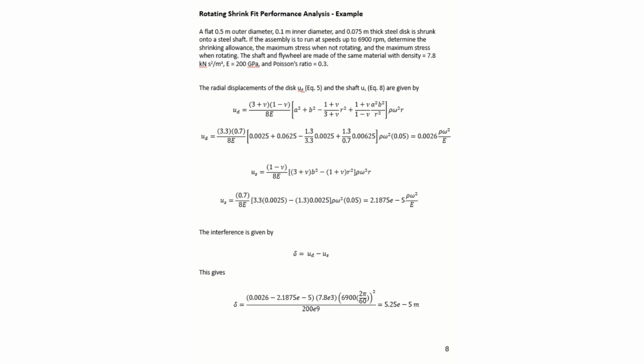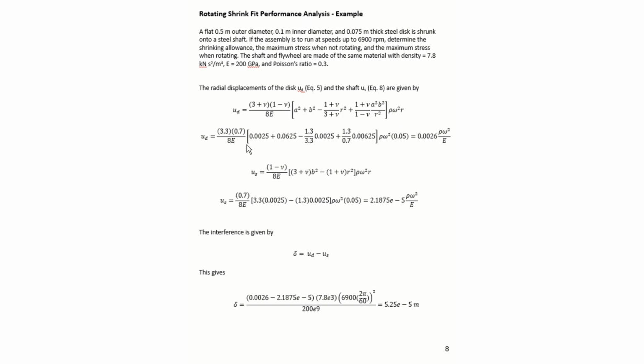So the way we want to do this is we want to compute the deflection in the disc and the deflection in the shaft, and then take the difference between those, and that will be the interference that we will need to have. So using equation 5, a couple pages back, we know the displacement in the disc is given by this expression here, and we note that this one is a function of the speed.